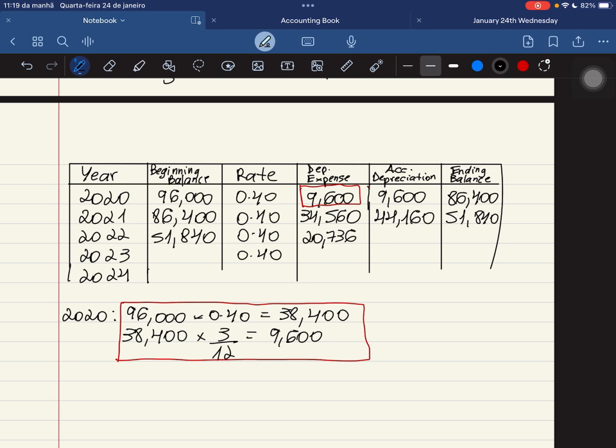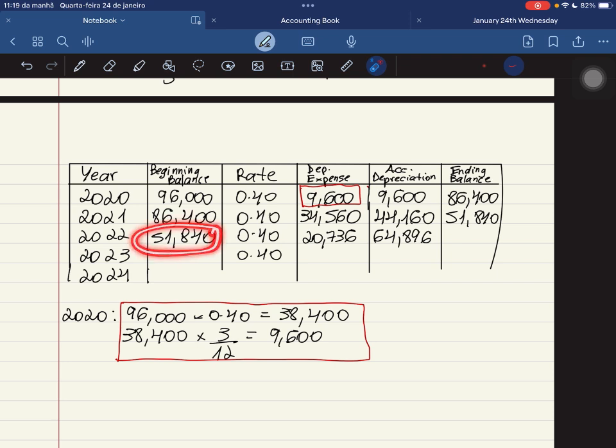In theory, we could have stopped because the exercise only asks for the years 2020 and 21, but just stay with me because I want to show you something, okay? So the accumulated depreciation, right? All of the numbers together. $64,896.